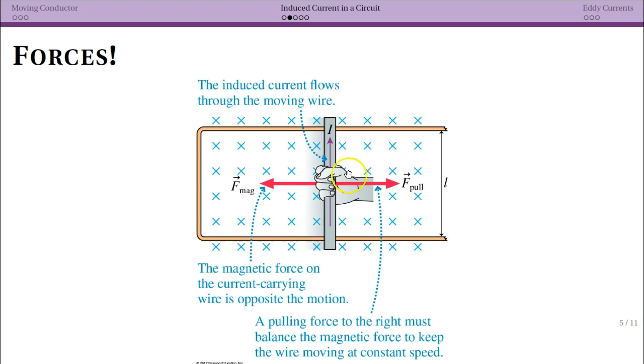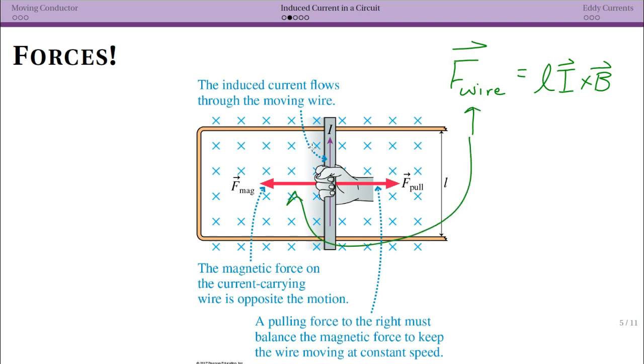Why is this? Well, there's a second force, which is a magnetic force. Remember that you have a magnetic force on a wire, which is going to be given by I L cross B. And so if we think about this I and then look at B, this force here, the magnetic force on the wire, is going to be to the left.